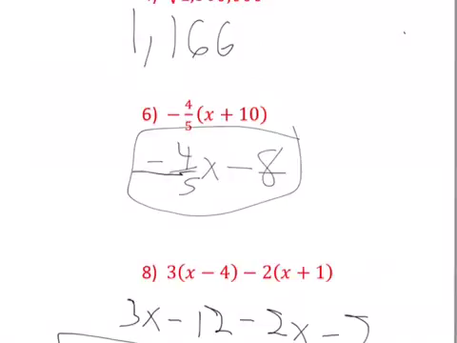So first, you have to distribute. Negative 4 over 5 times x is negative 4 over 5x. And then minus times a plus sign is a negative, so negative 4 over 5 times 10 is equal to 8. So your answer is negative 4 over 5x minus 8.